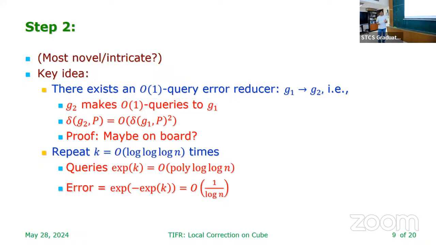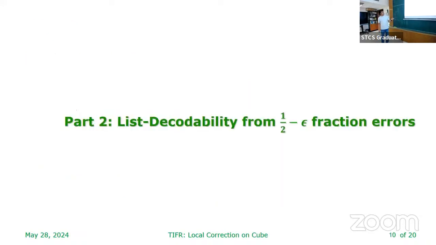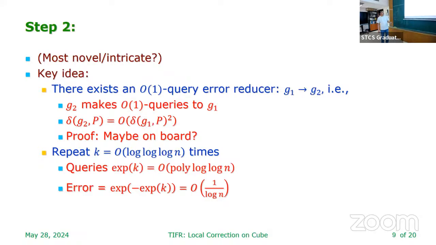This step just iterates one basic operation many times. In one step, you will go from whatever error you had previously to the square of what you had previously. So you go from any error that you currently have to the new error, which is the square of that error.